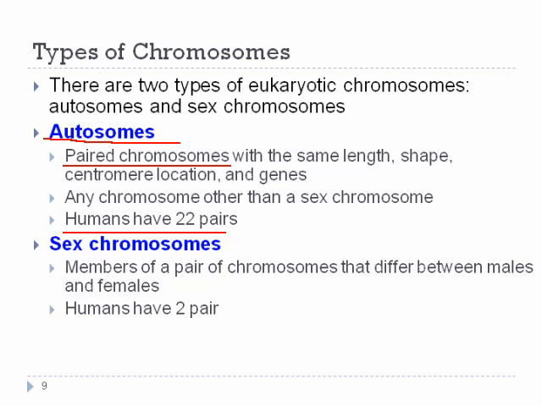And then the last pair, the 23rd pair, are what we call sex chromosomes. This is a typo. Humans have one pair of sex chromosomes. That's why it doesn't have an S on the end.